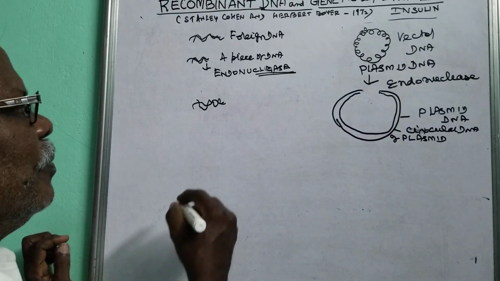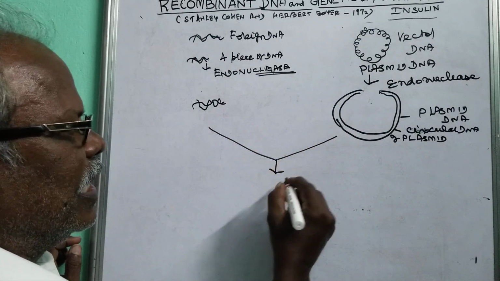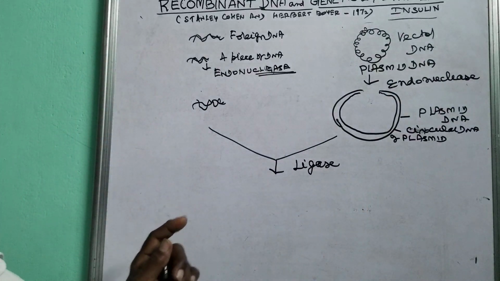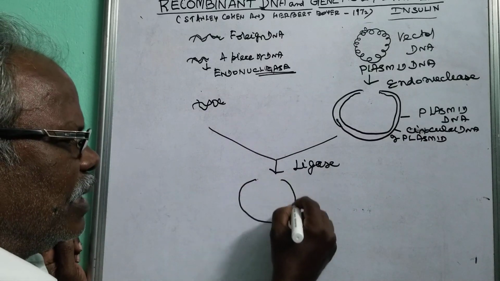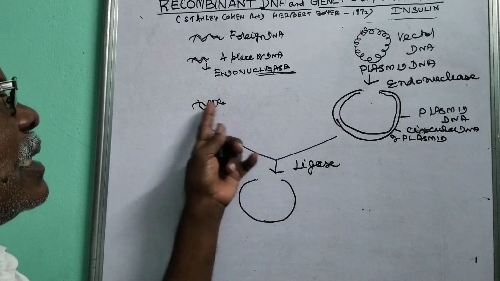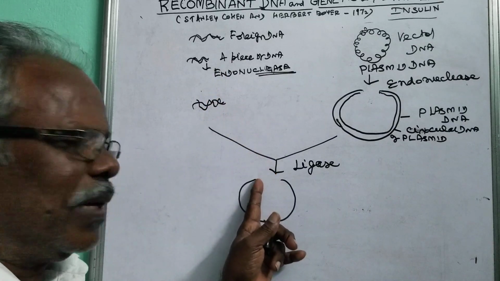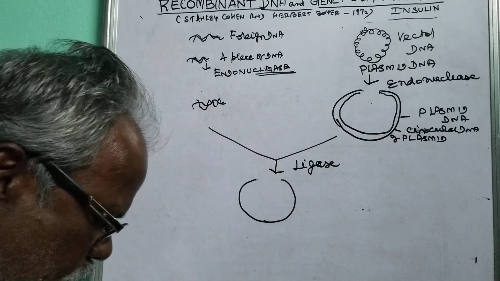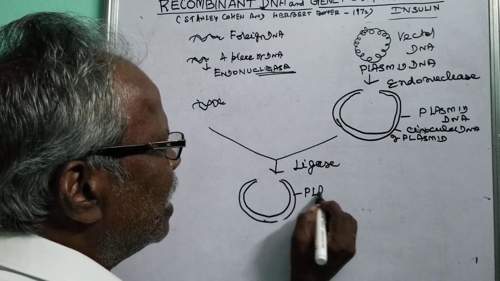Then what we do, with the help of an enzyme called ligase, we insert this insulin DNA in the place where there is a space, where there is a slit, in this plasmid DNA.